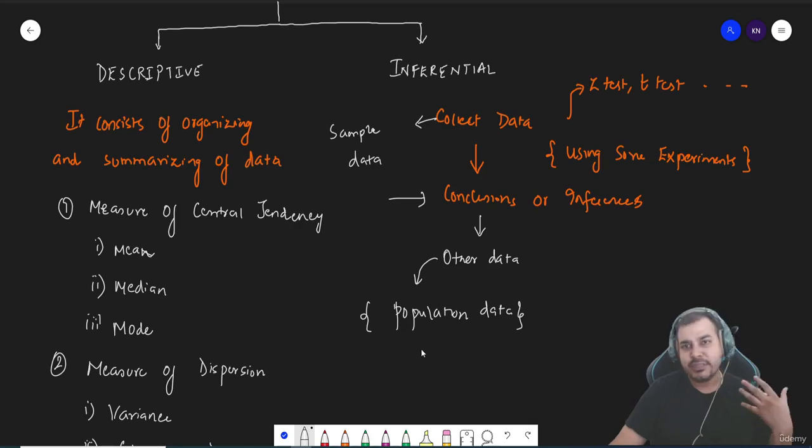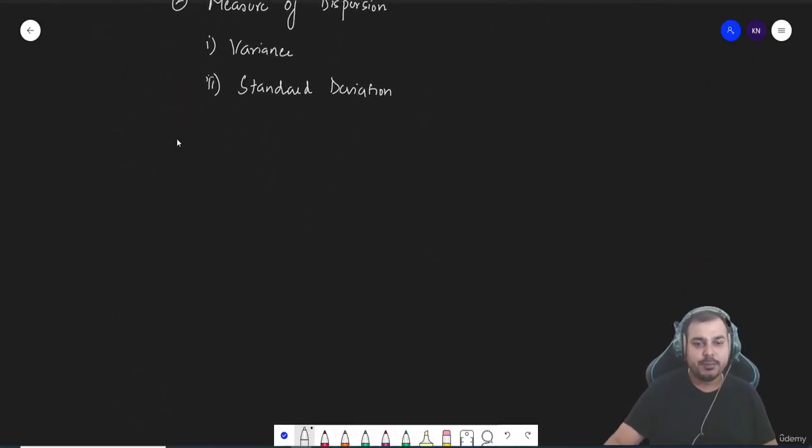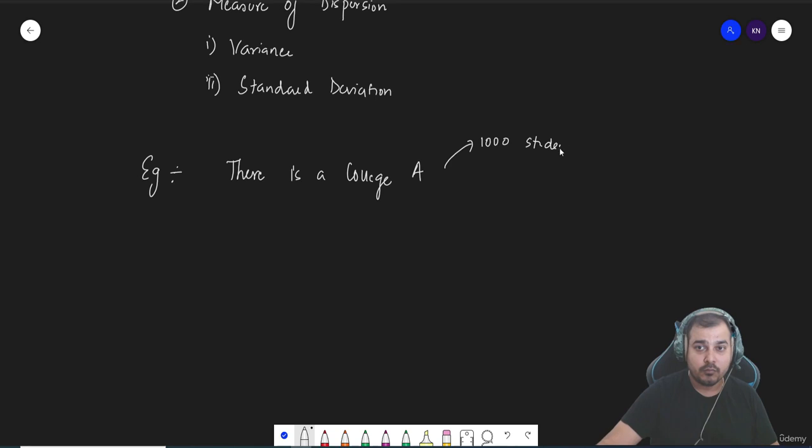Now let me show you one basic example which will help you to understand. Suppose there is a college of students. So there is a college A. In this particular college A, there are many students. Let's consider that there are 1,000 students. Now what I do is that I take up a class. Suppose I say that there is a class of statistics students.